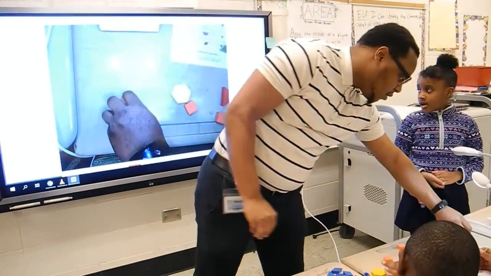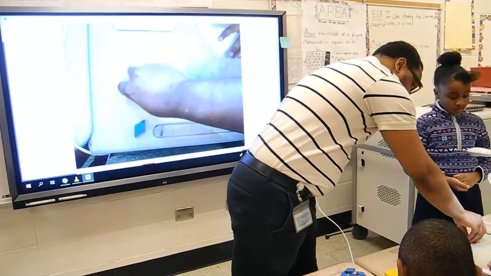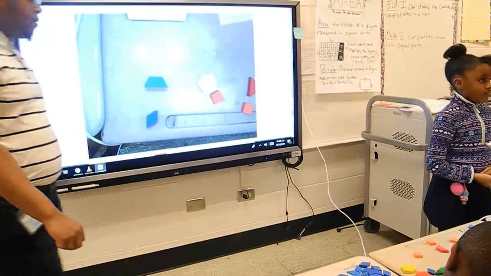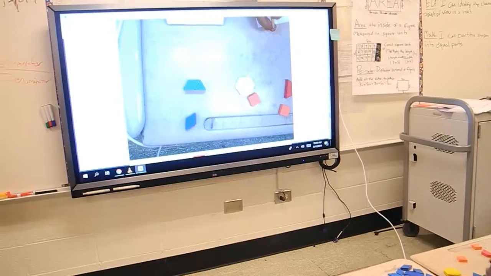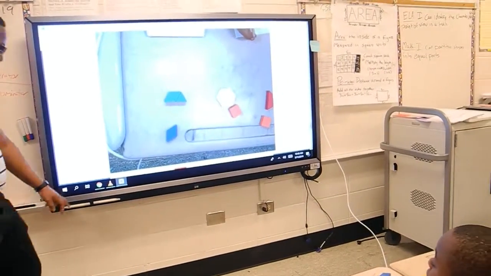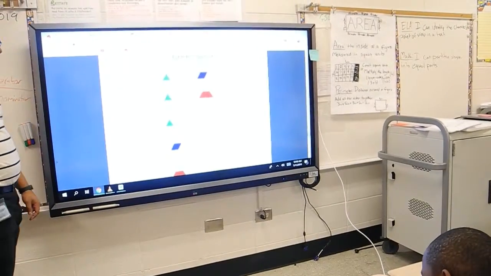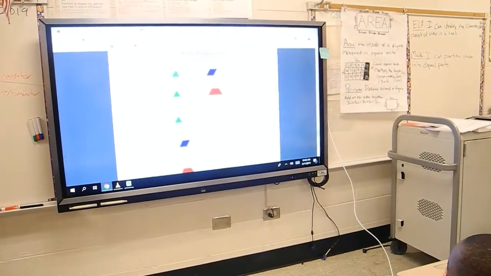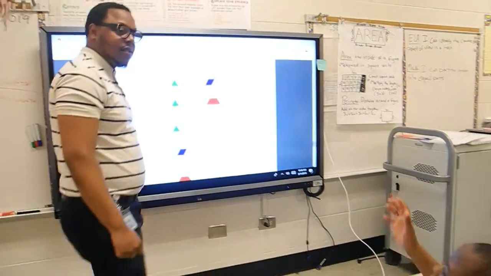She put these 3 triangles on that trapezoid. How many triangles did it take to make that trapezoid? 3, right? So now, what will be the fraction of 2 triangles in that trapezoid?